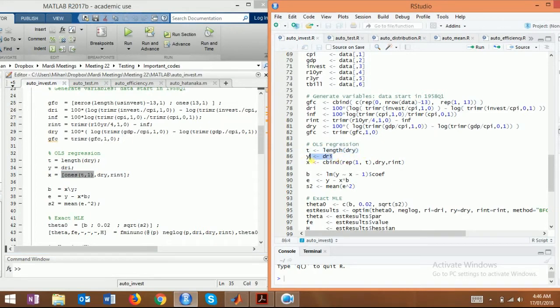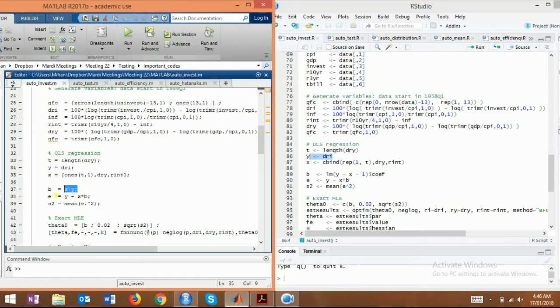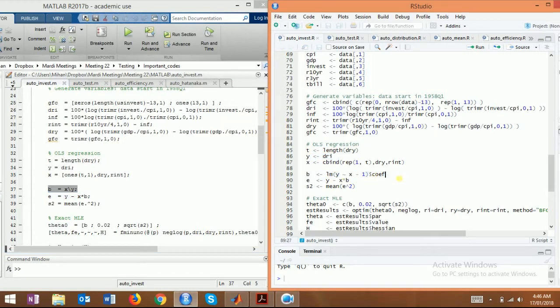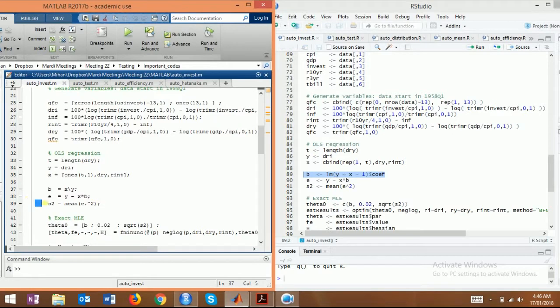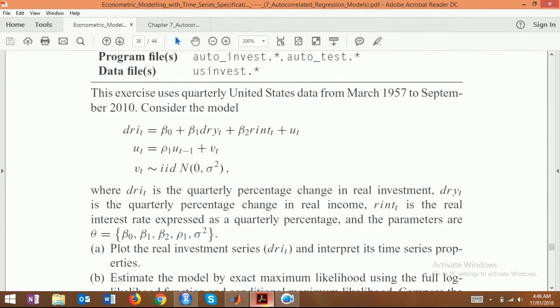Then we do column bind, replicate 1 T times, real income, real investment, then regressing Y on X. Linear model of Y regressed on X, minus 1 of this thing. We're just taking the coefficient. Error is y minus xb, so the mean square is the sigma.